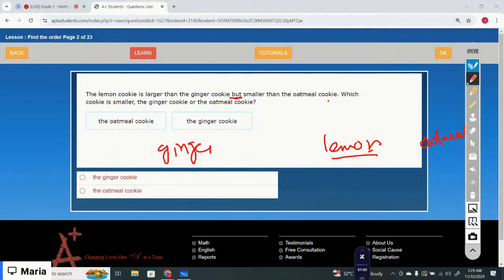So, which is smaller? Ginger cookie it is. How about the oatmeal cookie? You can see the order I have already written on the board. Ginger is smaller, then you have lemon, then you have oatmeal. Oatmeal cookie is the greatest one, right?